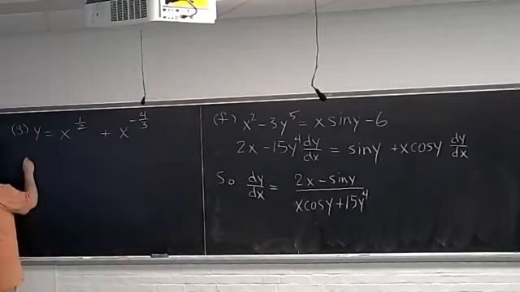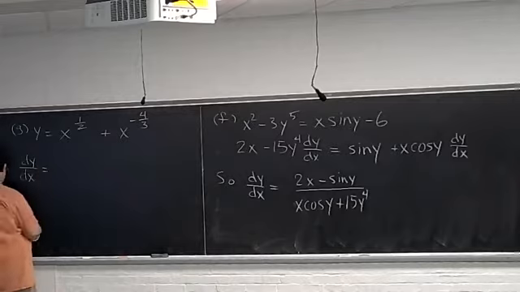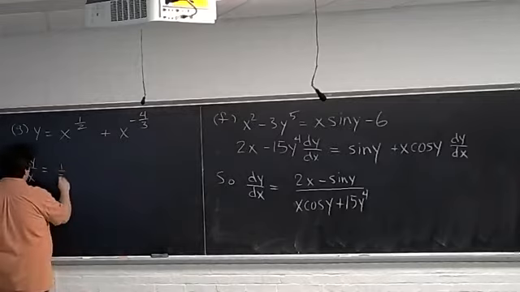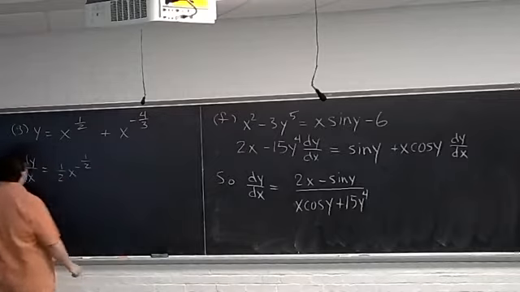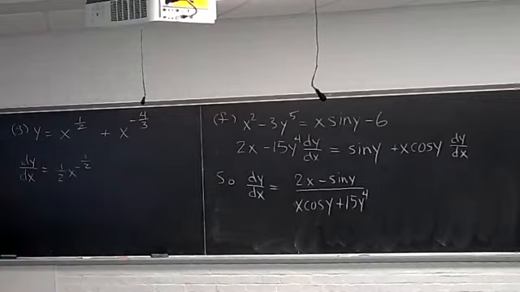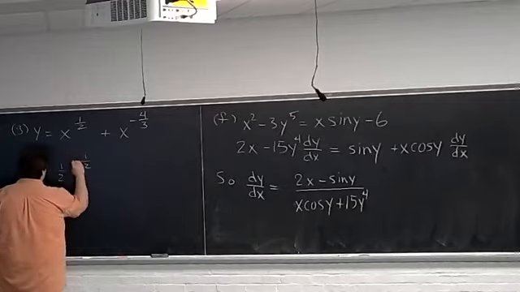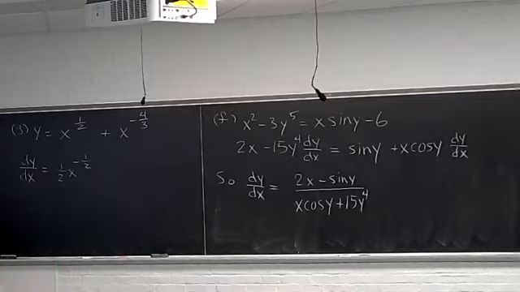So here, we're going to need some power rules. With x to the half, you get half x to the negative half. Half minus 1 is negative half. Maybe I should put that negative more toward the middle of the fraction. What about the other thing? Well, we have another power rule.